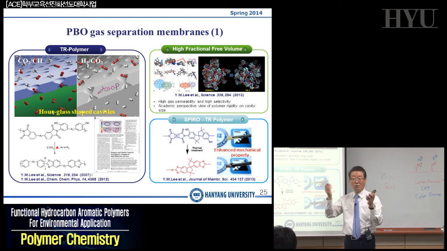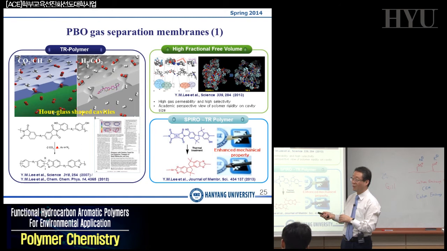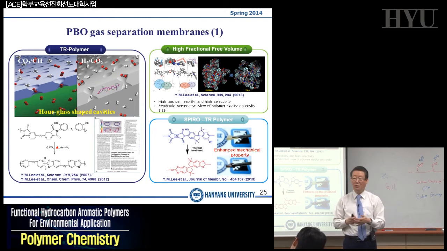Methane is too large to go through those 3.3 to 3.5 Angstrom cavities, but 2.8 Angstrom is too small. So if we can open a little bit, just right for the small gas molecules, then we can have a very high flux.